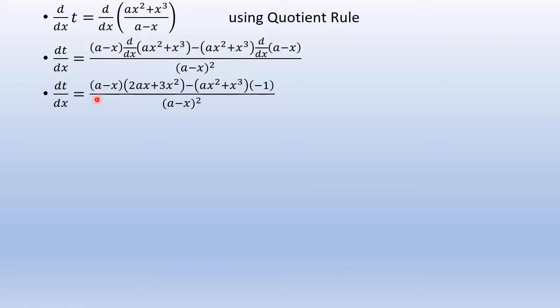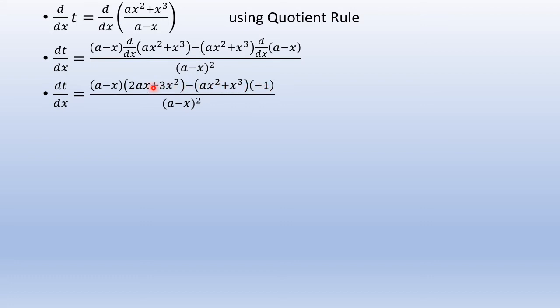You can see it there. (a minus x) as it is, the derivative of (ax square plus x cube) becomes (2ax plus 3x square), minus (ax square plus x cube) as it is, and the derivative of (a minus x) has been written as minus 1. It was 0 minus 1, but after simplification we wrote it as minus 1.